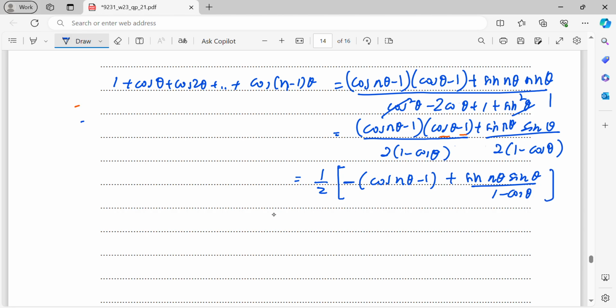Okay, so when you rearrange, that is going to be half 1 minus cos n theta plus sin n theta sin theta over 1 minus cos theta. Okay, so that's the answer for this question.